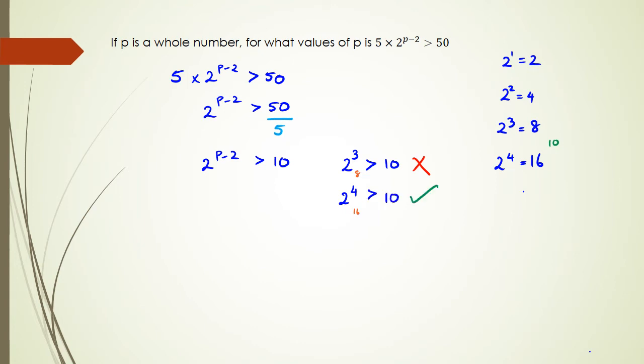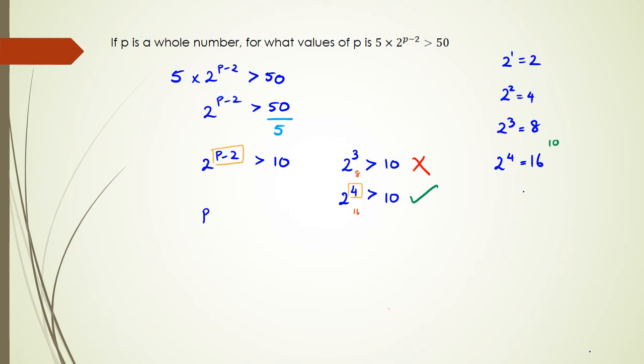So that means p minus 2 has to be bigger than 4. Well, actually bigger than 3. But anyway, I'll just show you guys what I mean by it.